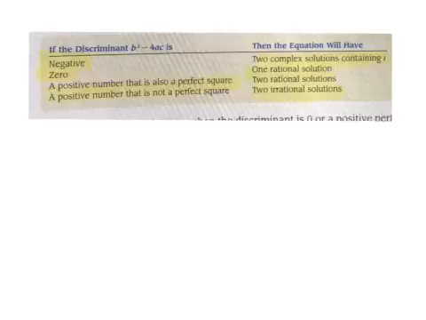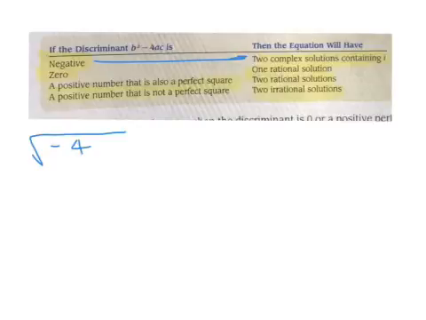If my discriminant is negative, so that means what's under the square root sign is negative. Okay, what does that mean? That means I'm going to get two complex roots containing i, because remember this is a plus or minus. So I'm going to get two numbers, and if it's negative, that means I'm getting an i, correct?